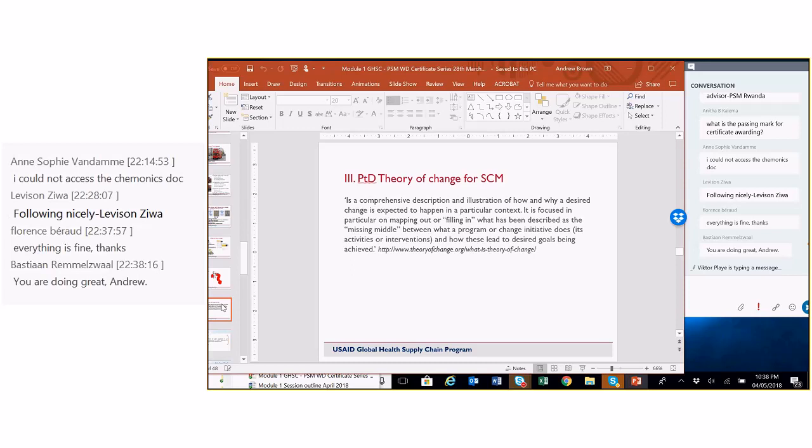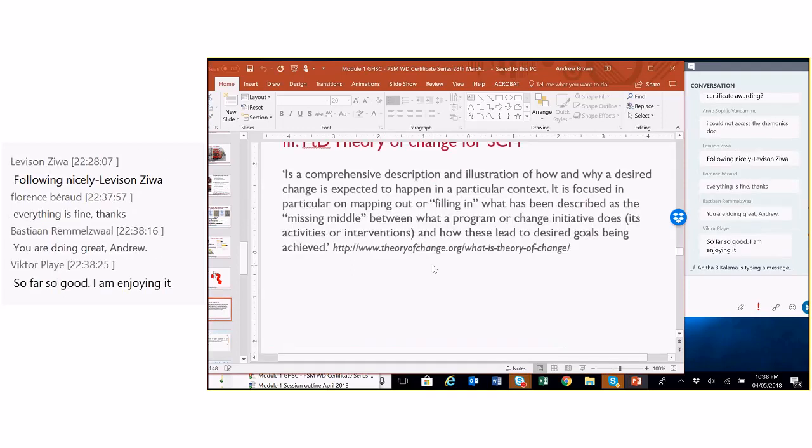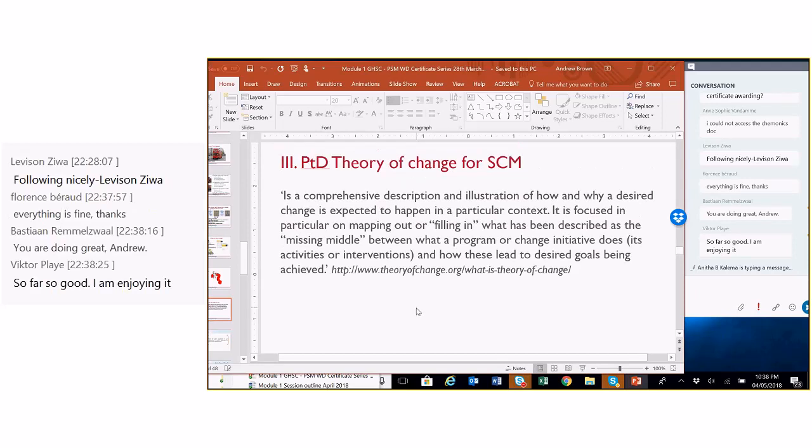Now, what a theory of change is written on the screen. I'm not going to read that to you, but basically, a theory of change is a method for helping us to really understand a particular situation, why things happen, and then how we can improve an overall system by understanding that system in detail.